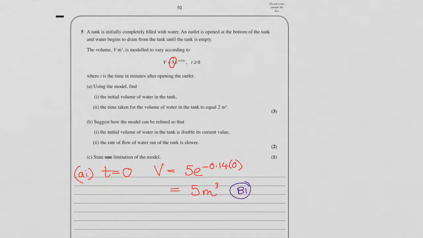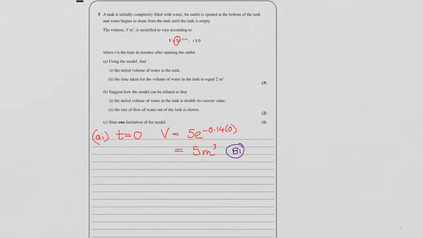Okay, the second part, this is where there's a little bit of calculation. So part 2, it asks us to work out the time when the volume of the water is 2. So the volume is now 2. So I'm just going to plug these numbers in. And we don't know what t is, so we're trying to get at this t here.